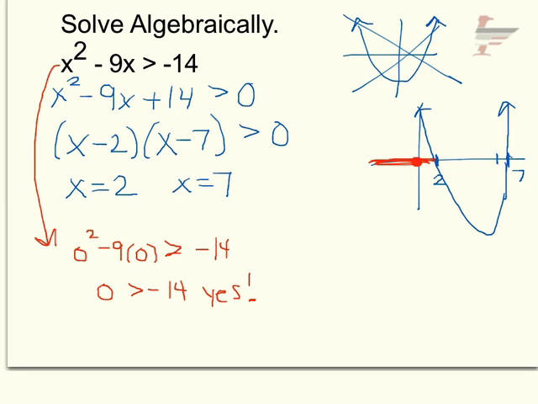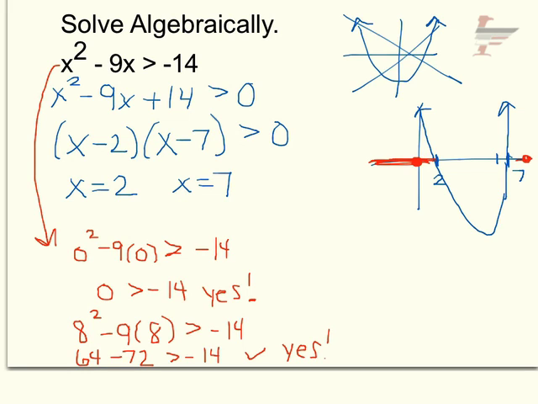Well, then nothing between 2 and 7 should work. You could test something if you want. You could also test 8 maybe. So let's just do that. If I did 8 squared minus 9 times 8 should be greater than negative 14. And that's 64 minus 72. And yes, that is greater than negative 14. So I know I want to go here.